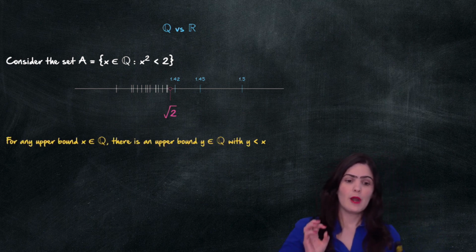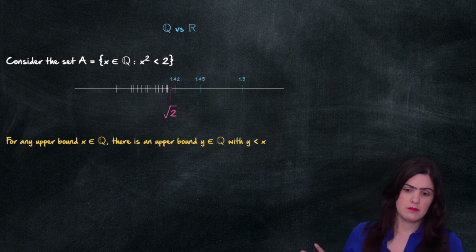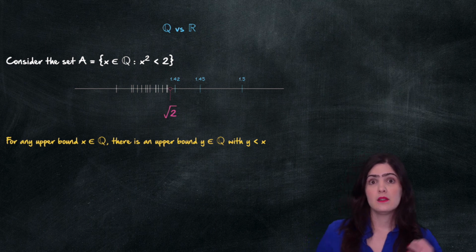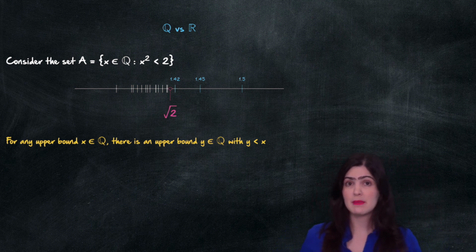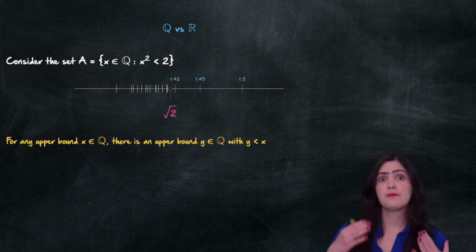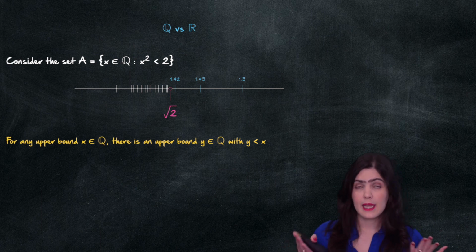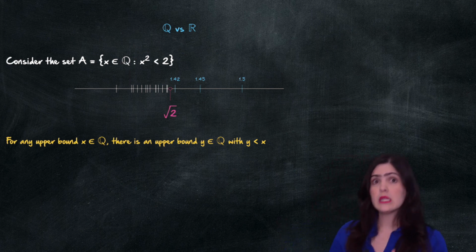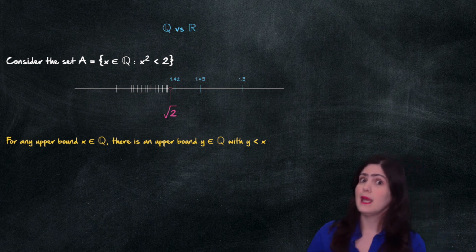Then this means that for any upper bound x in Q, there is another upper bound y such that y is less than x. That's what I was telling you, right? If I pick an upper bound, a rational number x, I can find another rational number y in between square root of 2 and x.